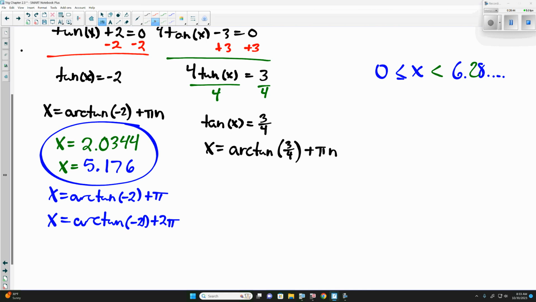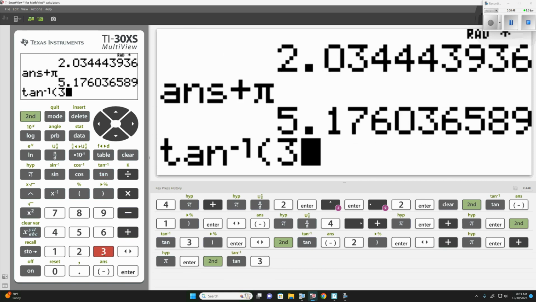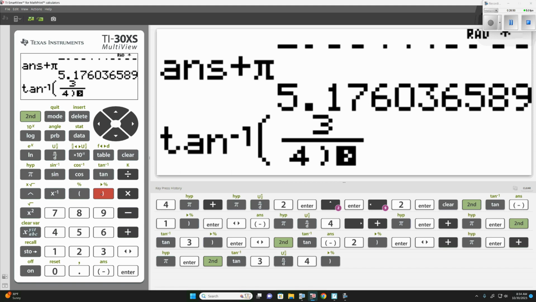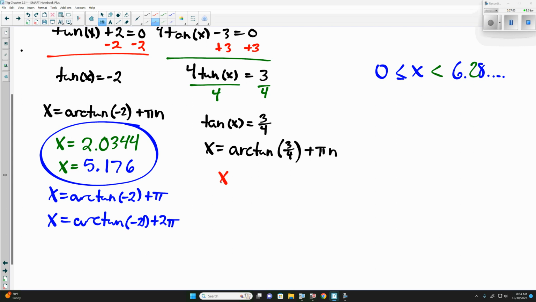Now we can do the same thing with this here, arctan of 3/4. Let's see what we get. Arctangent of 3/4 is 0.6435. I'll write it out to the side. This is just arctan of 3/4.